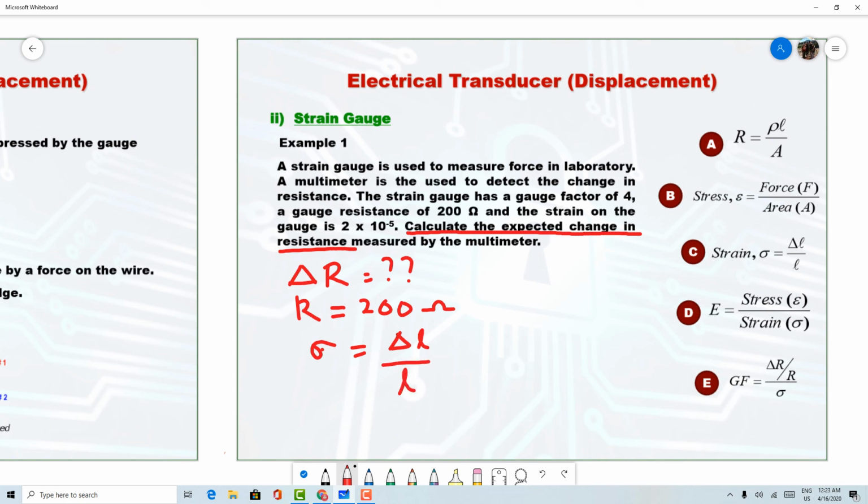So how do we calculate delta R? You can use this equation. The gauge factor is given.